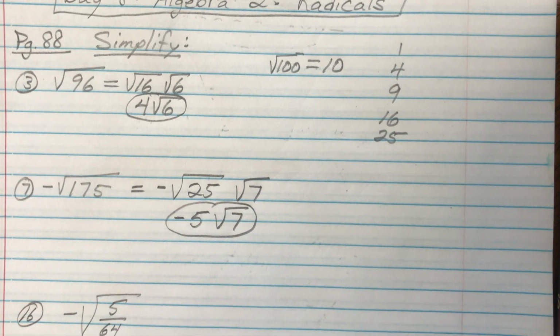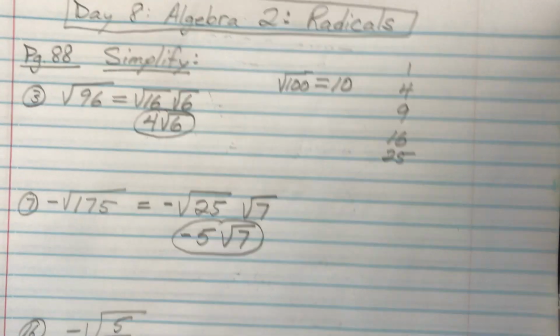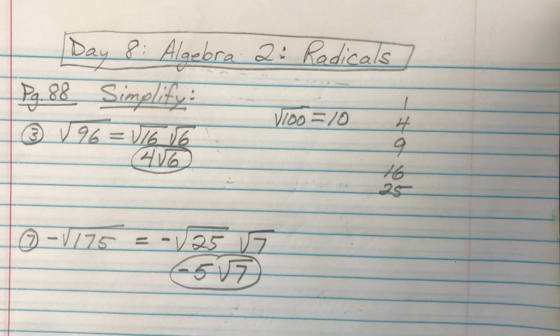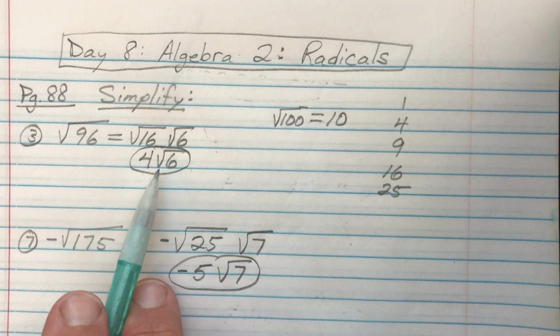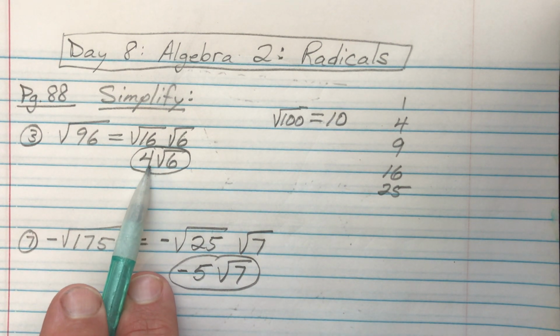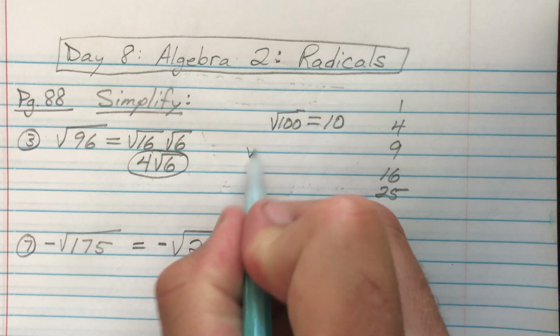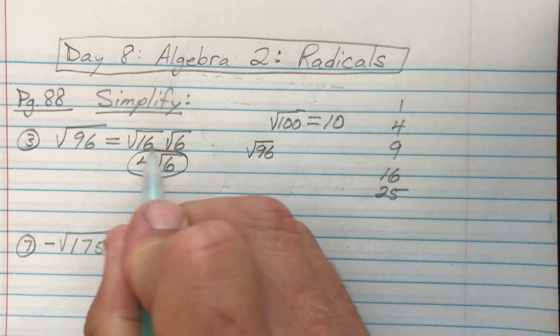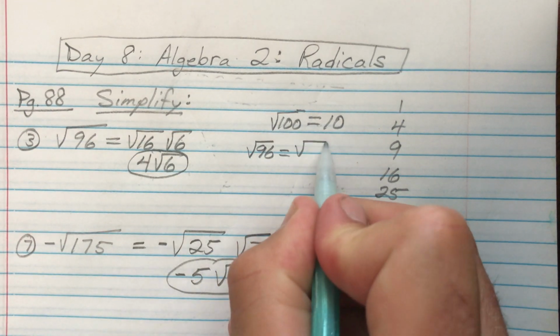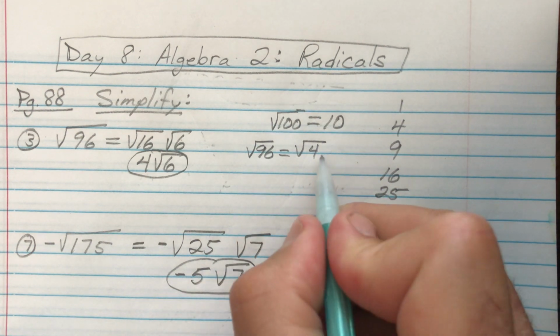By the way, if you happen to find a number that goes into it that's not the biggest number, it's not a big deal. You just have to keep simplifying. So if I go back for a moment to number 3, where the answer was 4 radical 6, what if I didn't find 16? What if I chose 4? 4 does go into 96.